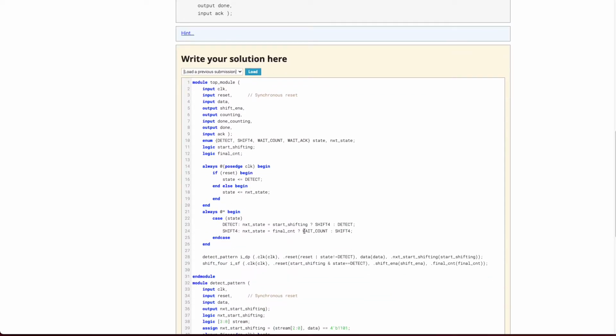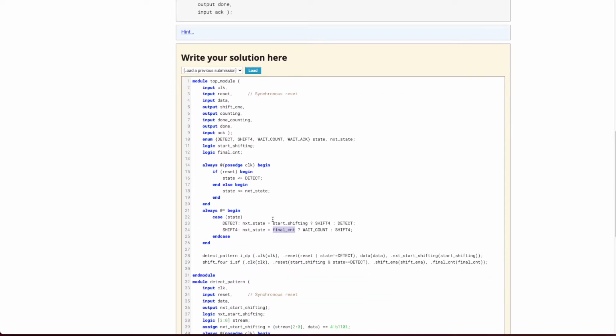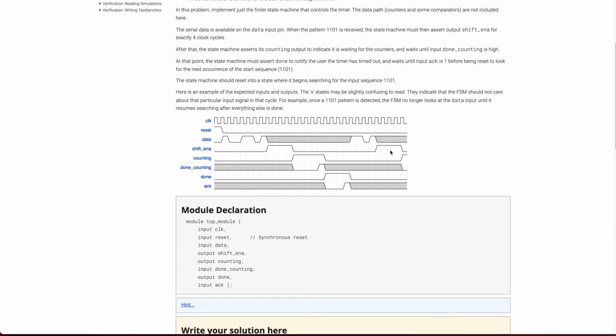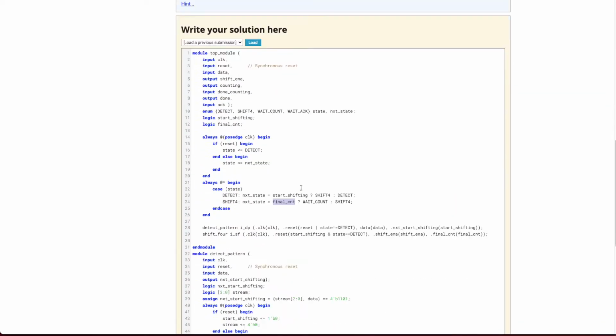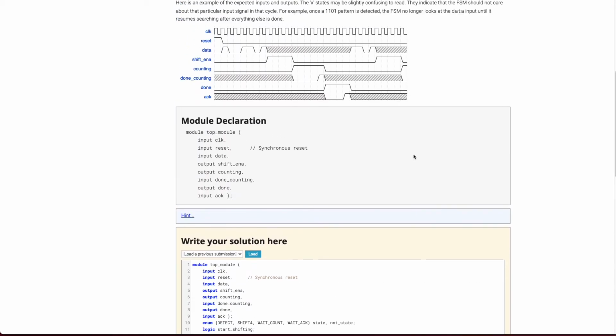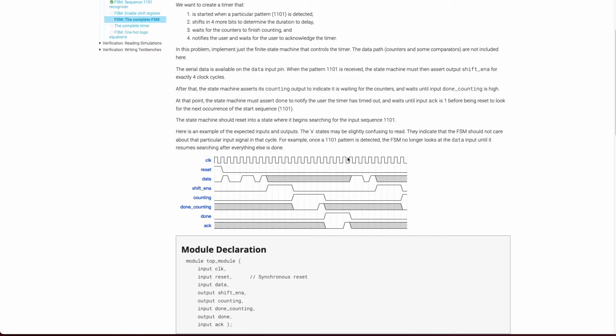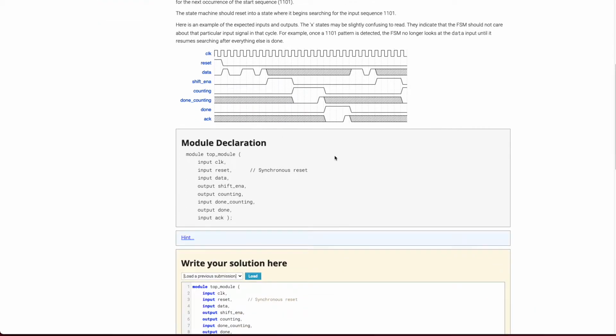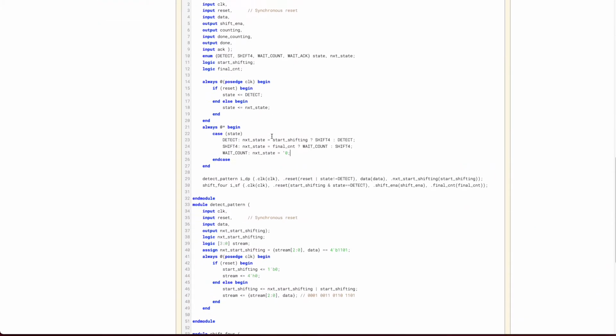Then, right. So final count will always only trigger here or here, and then the next cycle we go on to the wait count. And wait count is just going to do assign counting equals 1.